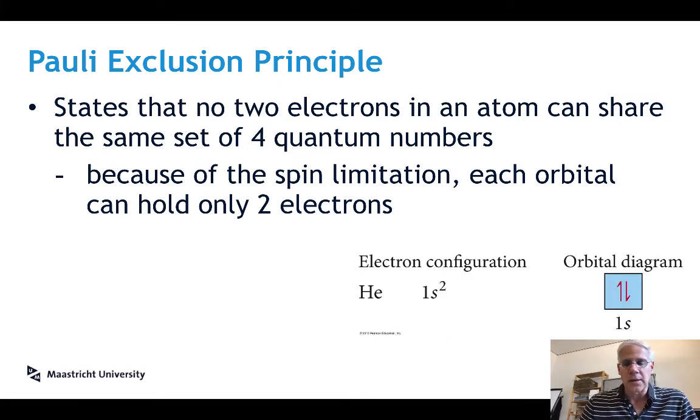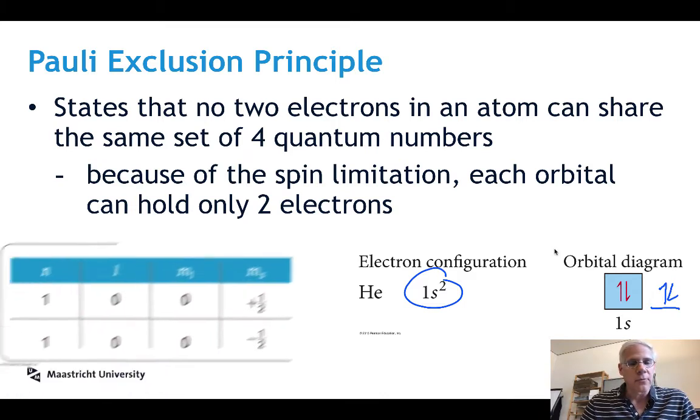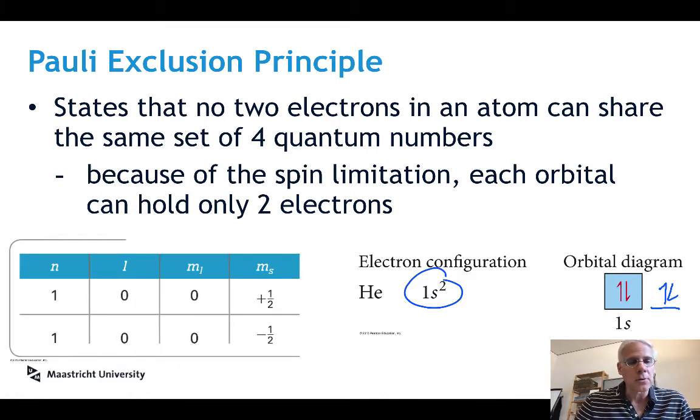Let's take a look at an example here. So for helium, helium has 2 total electrons, and so we write that as 1s2, like we did right here. And so our orbital diagram looks like this, or we could have just done it with a line, and that's our spin up and spin down with the half-headed arrows there. Now, if we want to see what our quantum numbers are, we see that they both have an n of 1.